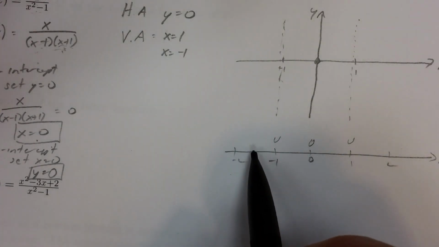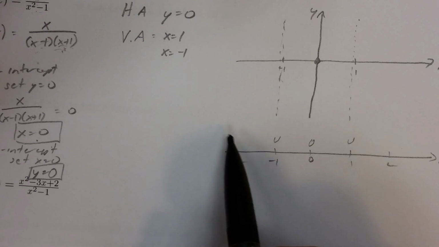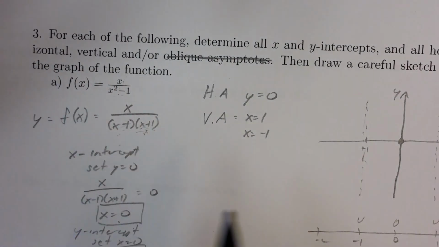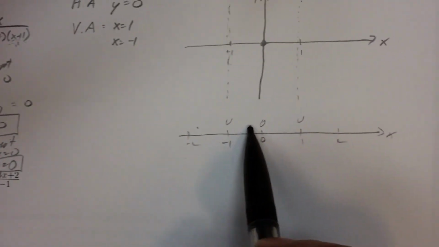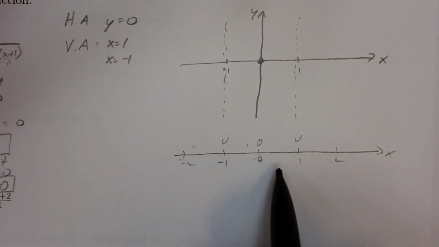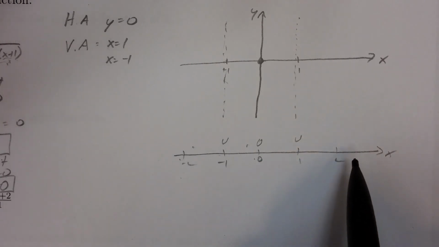And we've again chopped the real line up into 4 parts. We can plug a value into our original function in each of these 4 parts down here. So to the left of minus 1, between minus 1 and 0, between 0 and 1, and to the right of 1.